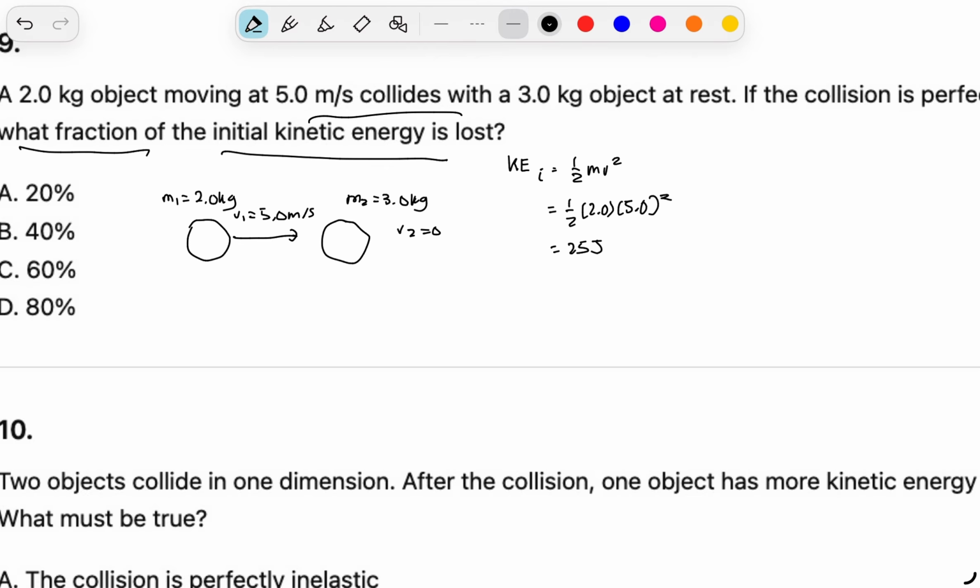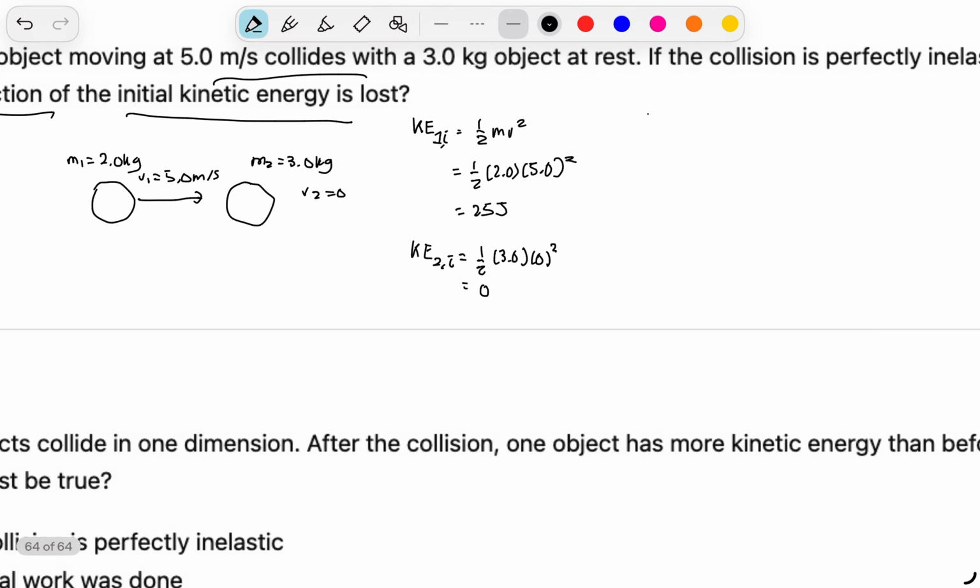Here we know that we're looking at the kinetic energy of your mass 1 because we know that the kinetic energy of your second mass was 0 because 1/2 times mass times 0 is 0.